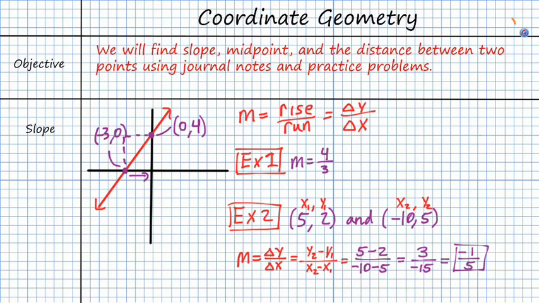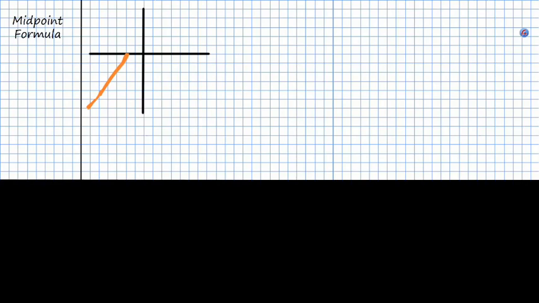So that's really a review from Algebra 1 and Algebra 2. We should be pretty familiar with the ability to take slopes, but now let's talk about some more geometry things. Let's talk about the midpoint. Alright, so if I have a segment here and I want to find the midpoint of this segment, then I have a formula for it.